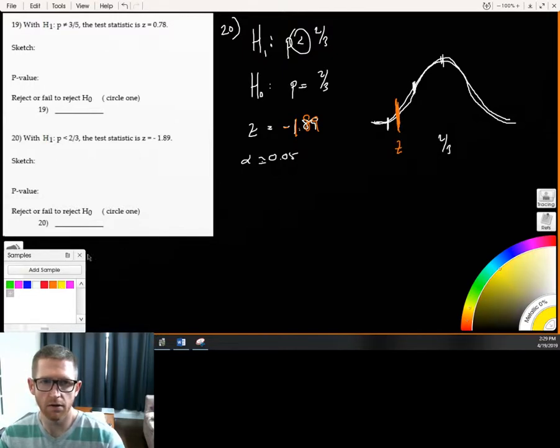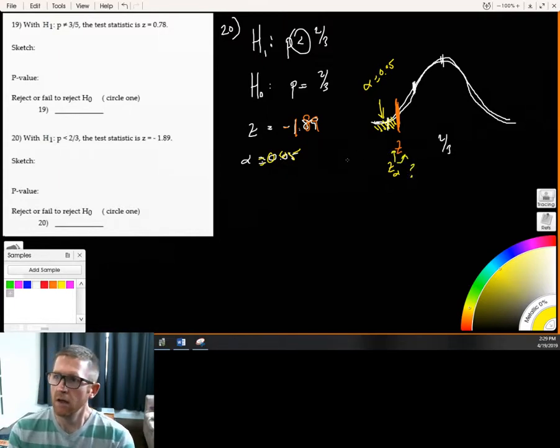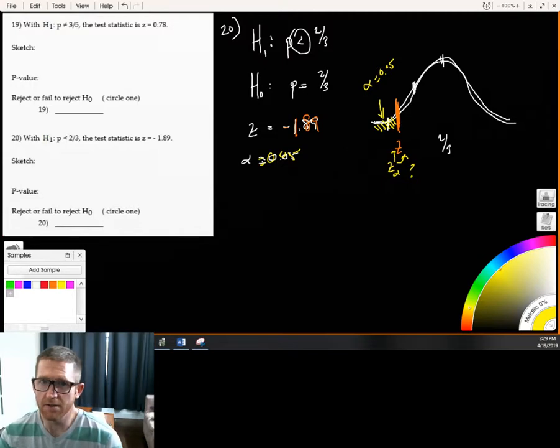Our critical area, our z alpha, has an area of 0.05, which is going to be somewhere close to z, right? Is it to the left of it? Is it to the right of it?